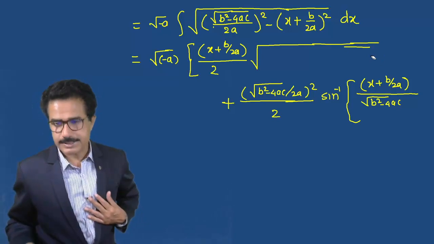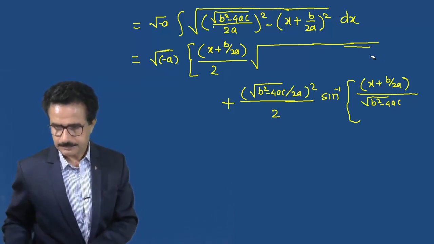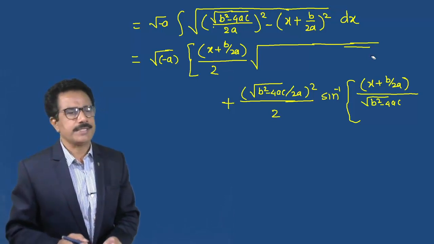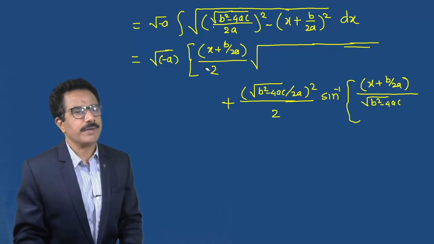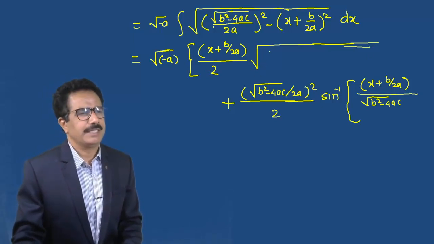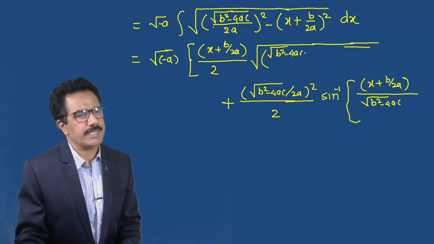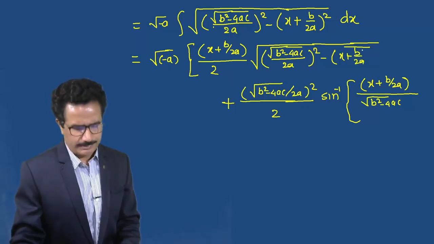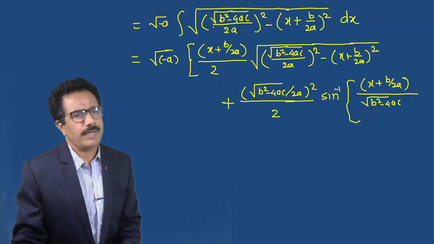So we can write this as, okay, see this, a square minus x square: root of b square minus 4ac divided by 2a bracket square minus x square, which means x minus (x plus b by 2a) bracket square.